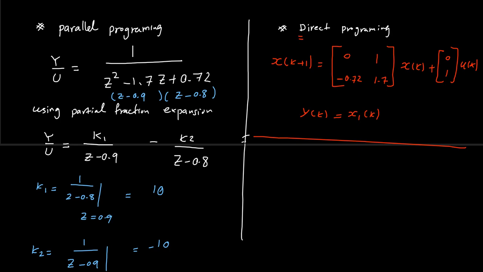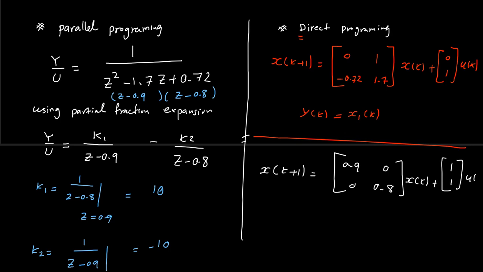Now for the parallel programming, if we recall, we have x of k plus 1 equal to [0.9 0; 0 0.8] x of k plus, here we have input in the first equation and the second equation, u of k.